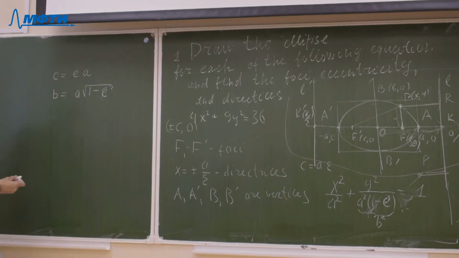And we obtain the sum c squared plus b squared is equal to a squared. Easy to see.